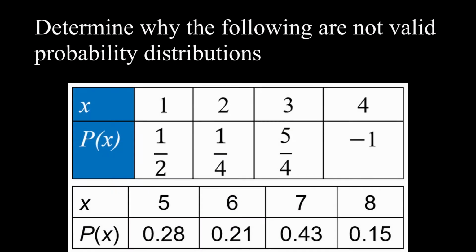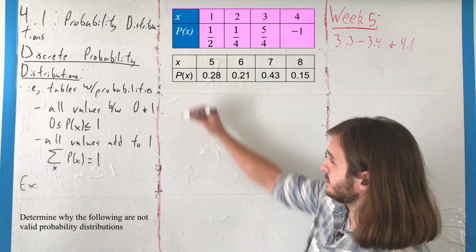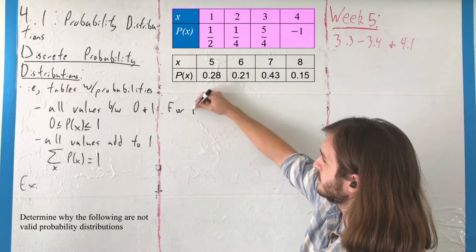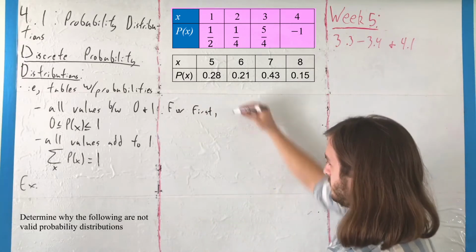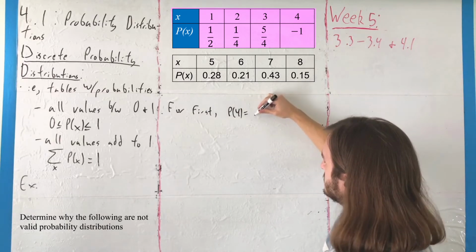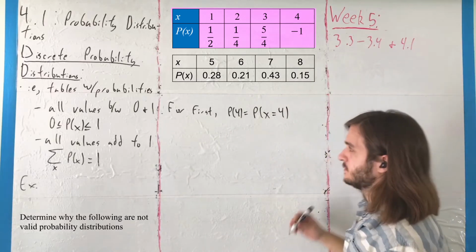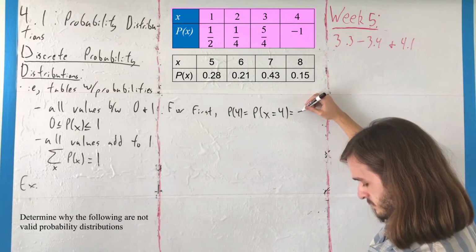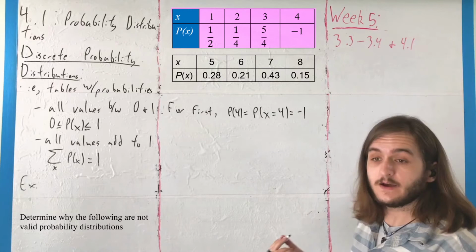So for this example, we want to determine why the following are not valid distributions. That is, valid probability distributions. In that first case, what we can see is that the probability associated to event 4, which sometimes we will denote as the probability that x is equal to 4, is -1, which means it's not a valid probability.